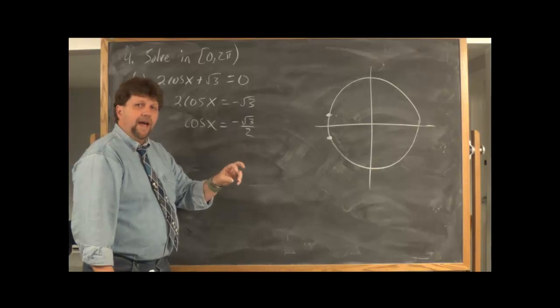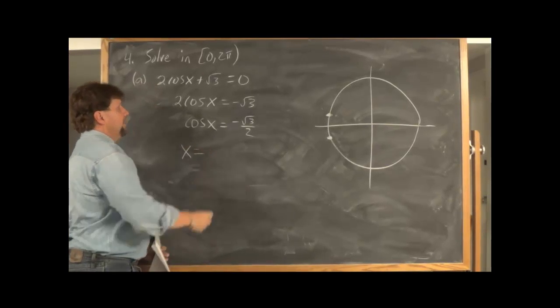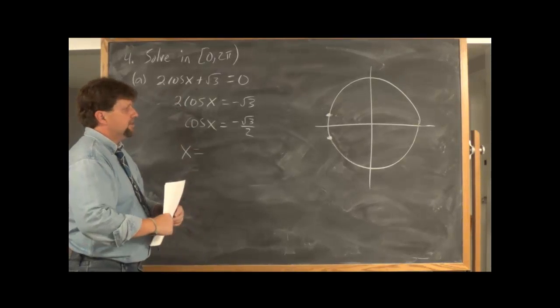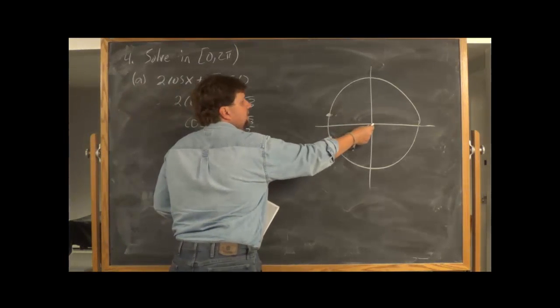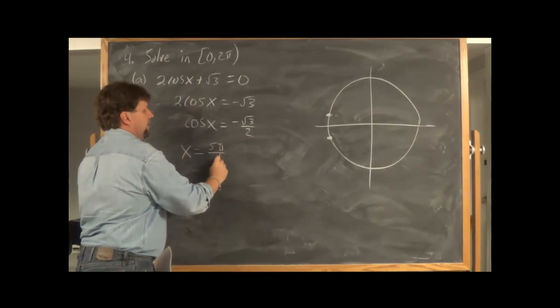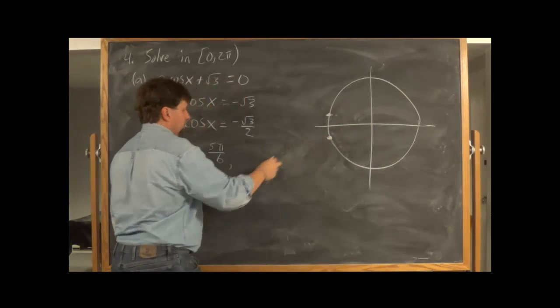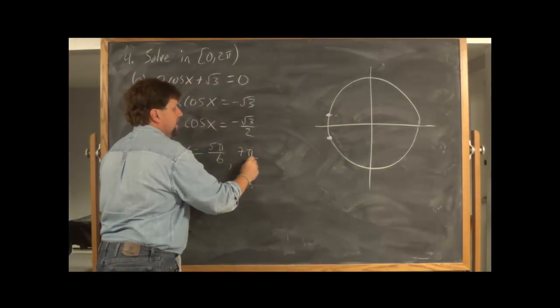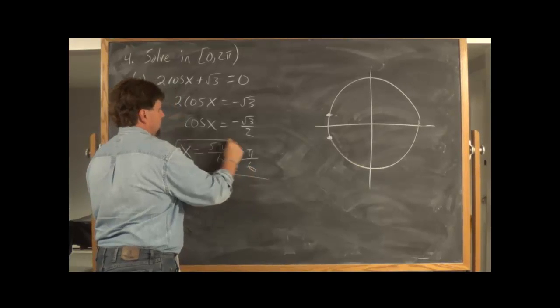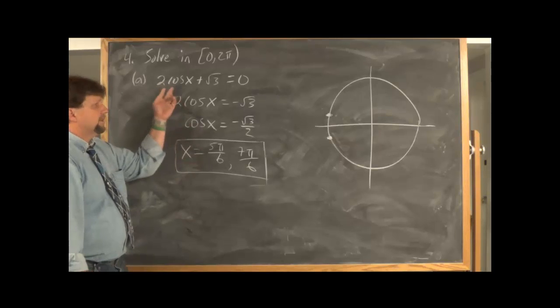If you know that, then you know that the solution to this equation matches up with this angle here, which is 5 pi over 6, and this angle here, which is 7 pi over 6. And those are, quite simply, the two solutions to this equation.